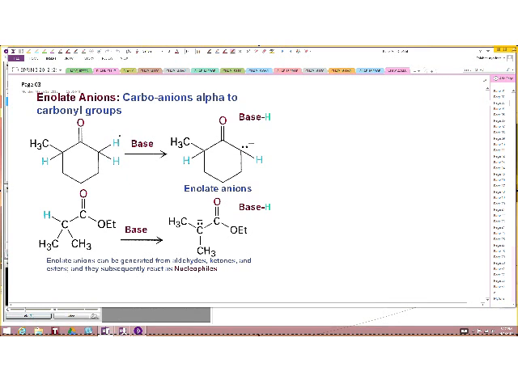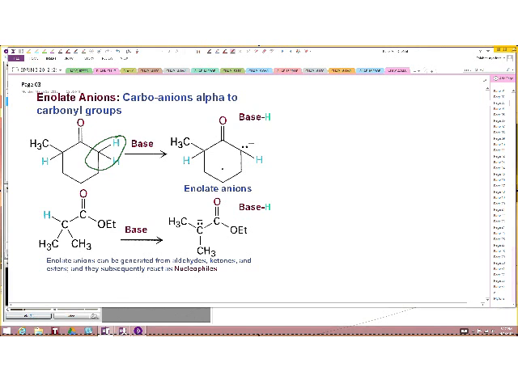In other words, if you take a look at this molecule here, any one of these hydrogens, if we have a base and we remove this hydrogen as a proton, thereby leaving a pair of electrons on this carbon here, then this becomes an Enolate anion. In other words, an Enolate anion could also be considered a conjugate base of this molecule here.